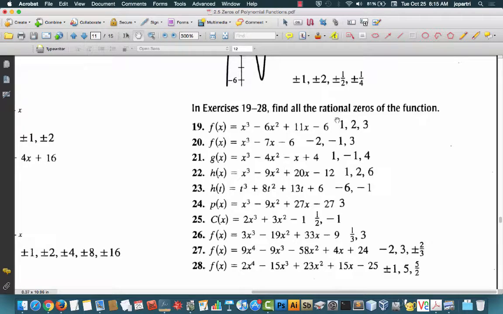That means all the integer divisors of -6 are potential candidates: +1 and -1, +2 and -2, +3 and -3, +6 and -6. Now the actual answers are 1, 2, and 3, which are in the list I just gave you. But let me show you the process of how you would discover that. Let me show you the problem worked out.